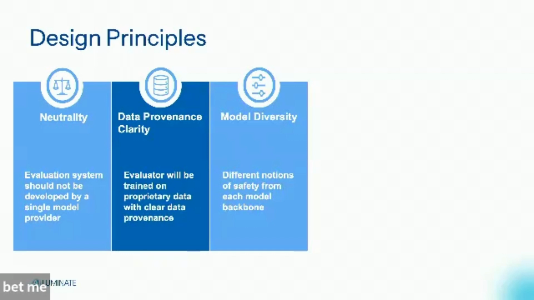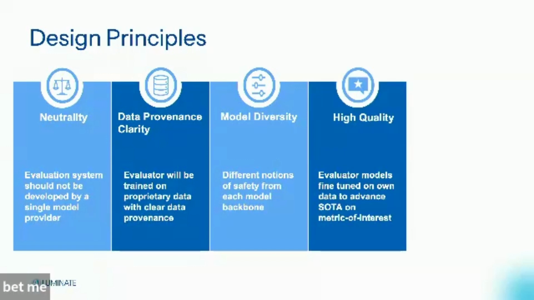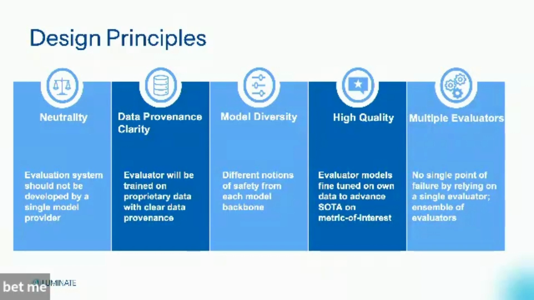We wanted to create evaluator systems that can be competitive with state-of-the-art. In fact, we wanted to advance the state-of-the-art in the data and data distribution that we are interested in, for the metric of interest that we are tracking. And we wanted to not have a single point of failure in the entire system. We wanted multiple evaluators to diversify the risks.